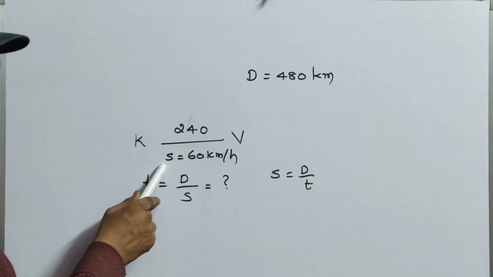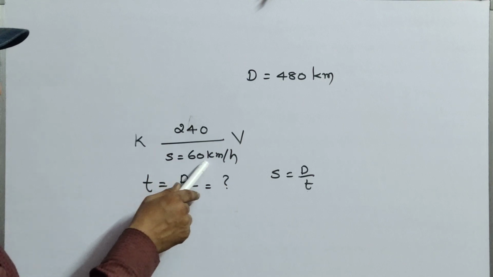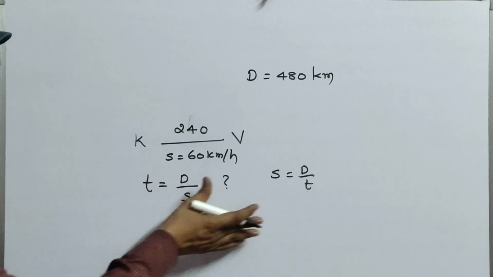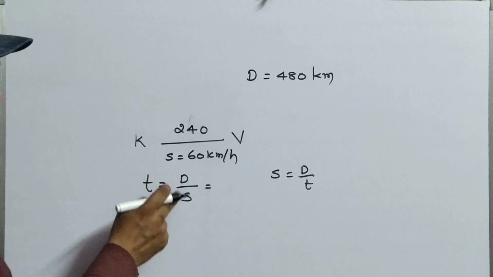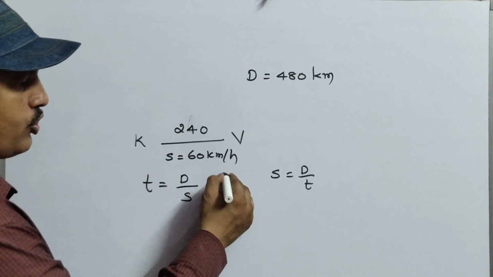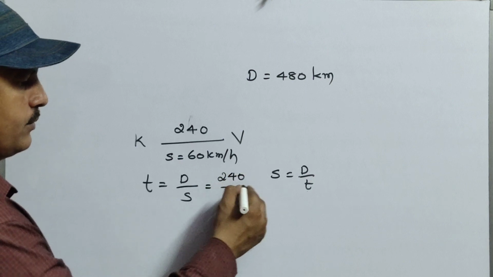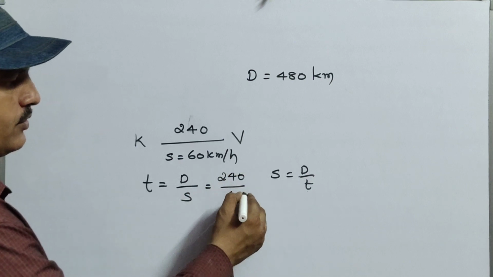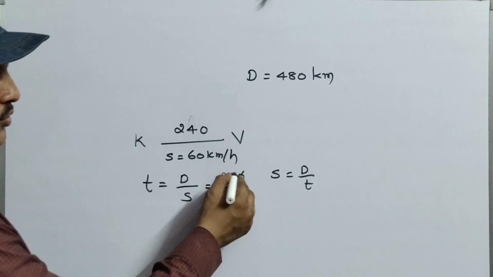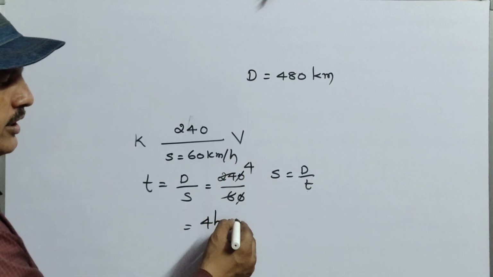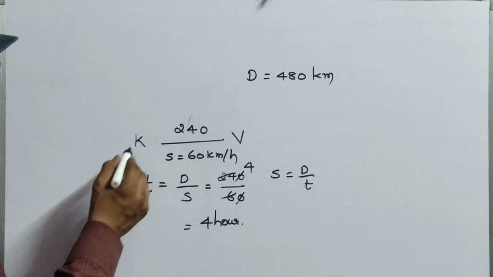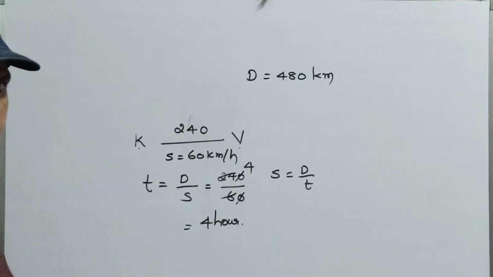How much is the speed there? Uniform speed 60 kilometers per hour. Now I am asking you to find the time. It's very easy. Time is equal to distance by speed. Distance 240 by speed 60. So 4 hours. So 4 hours time you are taking from Kakinada to Vizag.